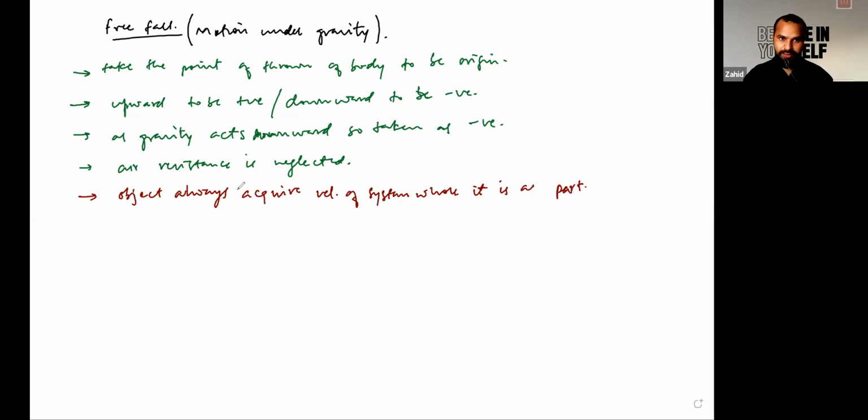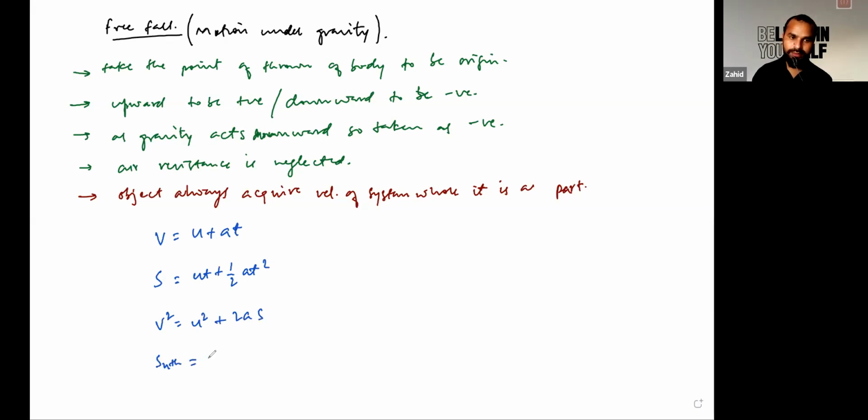On knowing these limitations, we will be able to calculate each and every problem related to motion under gravity. As we have discussed for straight-line motion, we use equations of motion: v equals u plus a t; s equals u t plus half a t squared; v squared equals u squared plus 2 a s; and S nth equals u plus a over 2 times (2n minus 1).